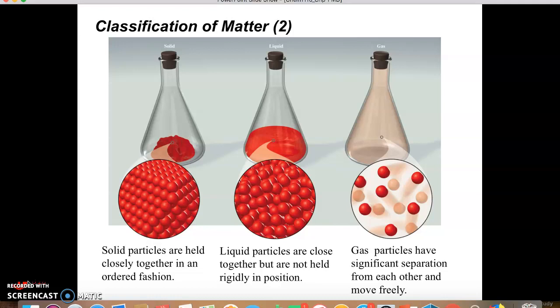The liquid particles, however, are close together, but they're not held in a rigid position, so they can roll over each other, which is why a liquid will flow. And then the gas particles have spread out throughout the entire vessel, and they can move very freely.